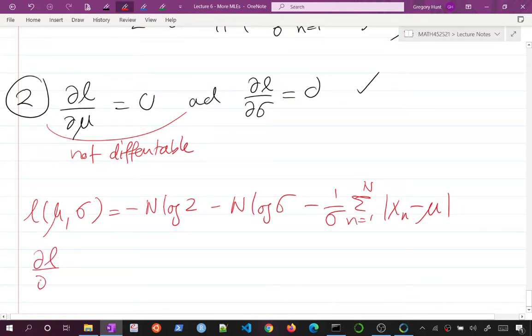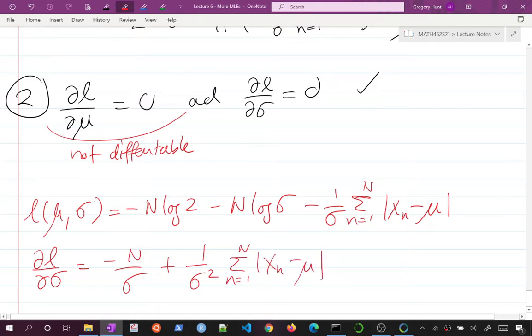Let's look at dL/dsigma. First term doesn't depend on sigma, the second one becomes negative n over sigma, and then this becomes plus 1 over sigma squared times that.